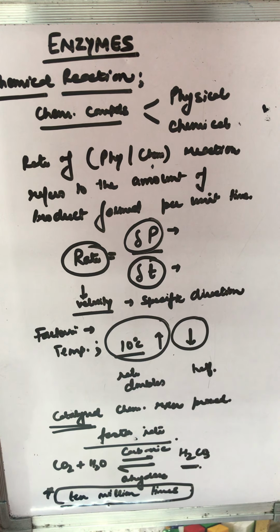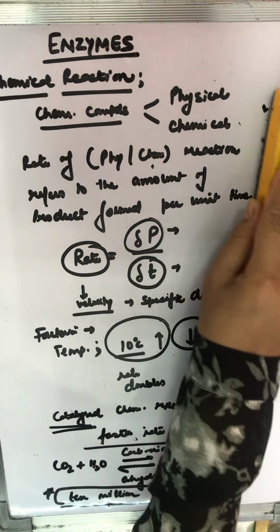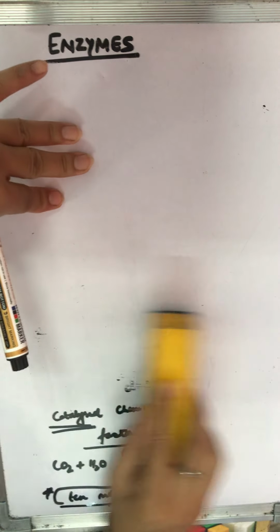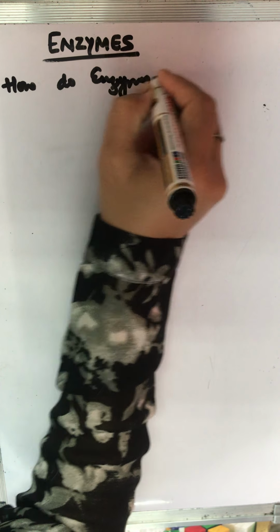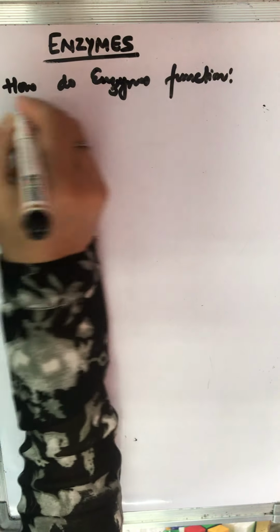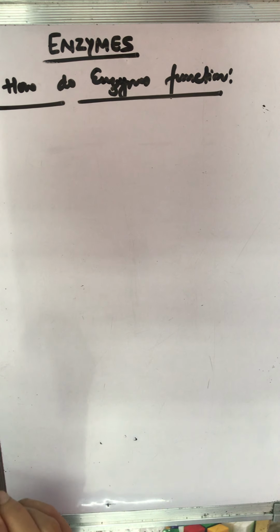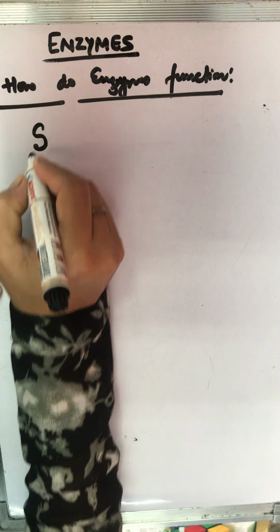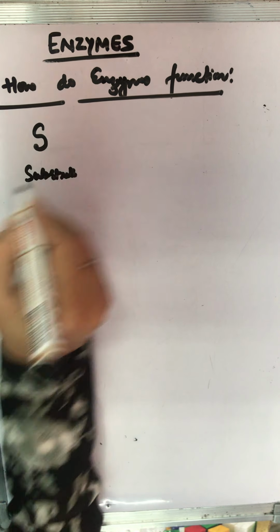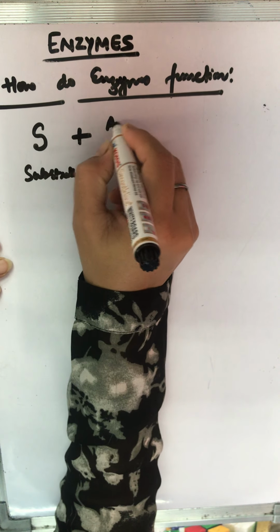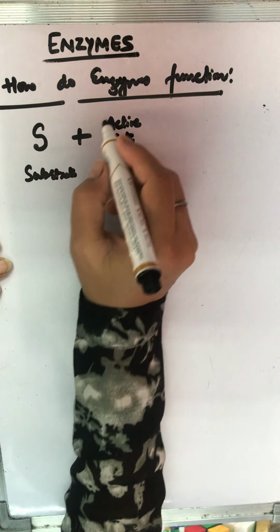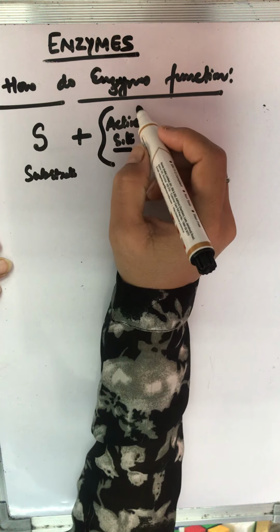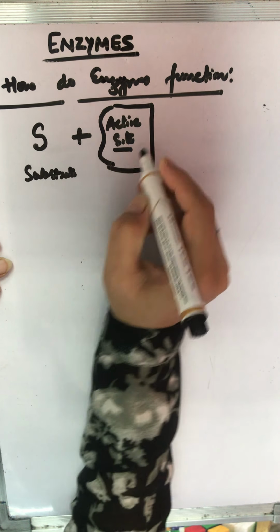Now moving to how enzymes function. When we talk about how enzymes function, for every enzyme action there is always a substrate that binds at the active site within a cleft or pocket, and diffuses towards this active site of the enzyme.